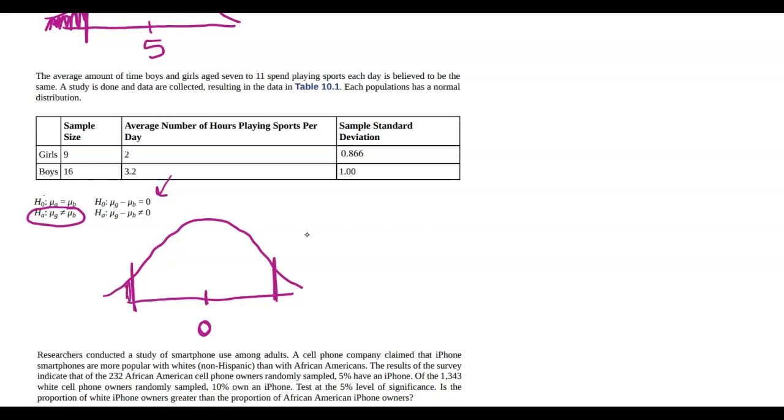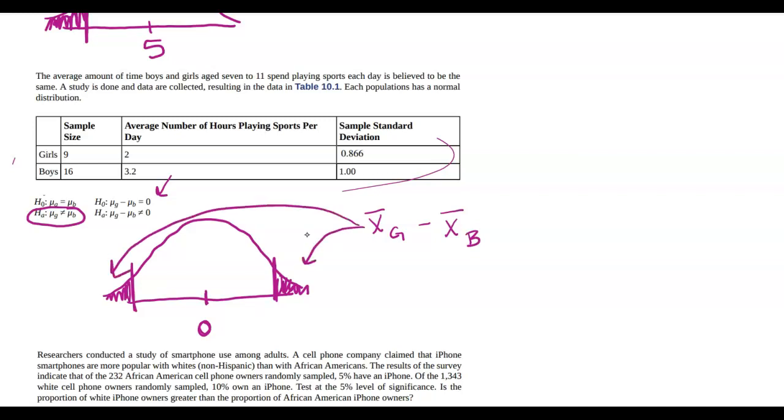So I have two pieces of rejection region, one on each side. Based on this sample data, I would have an x-bar G and an x-bar B, and I would subtract those. And then that's what I want to test and see: is that difference in those rejection regions.